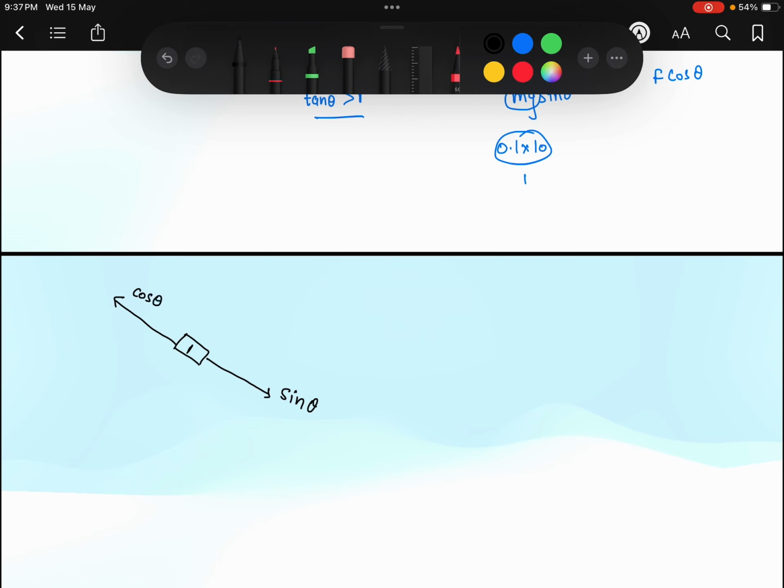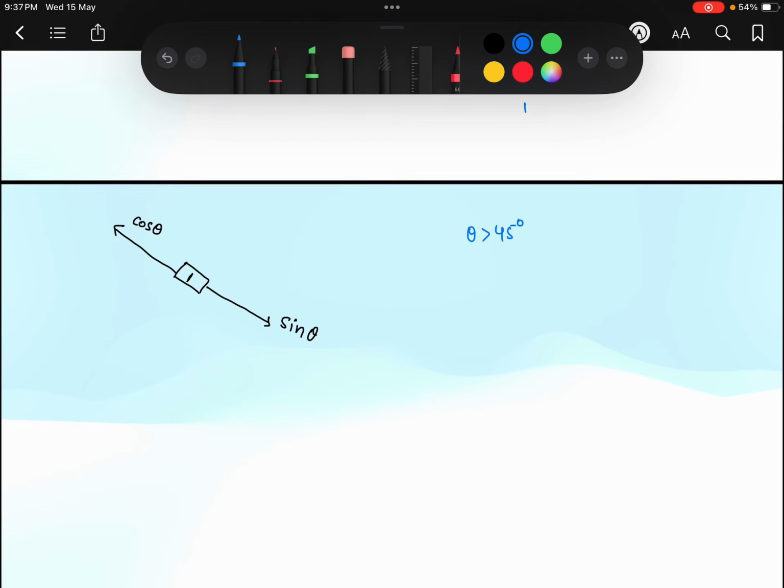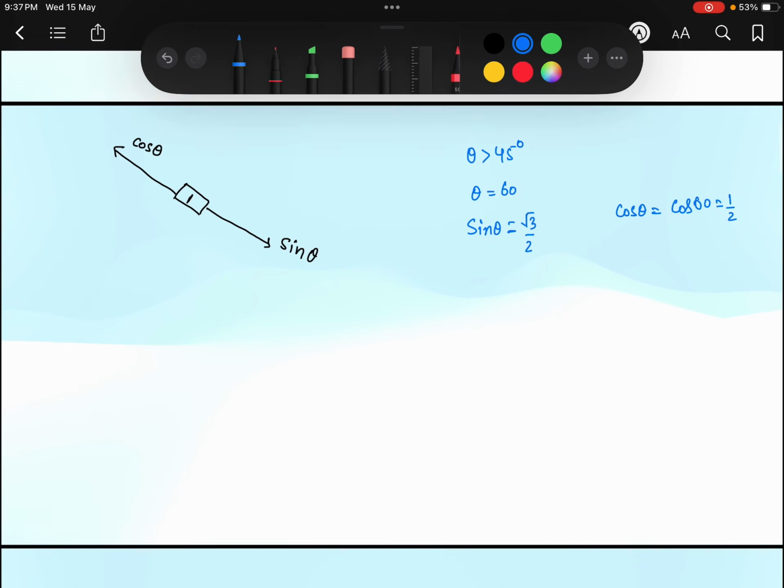Now it is given in the question that if I increase this value of theta to greater than 45 degrees, what happens? Let me suppose theta is equal to 60 degrees, then the value of sin theta will be root 3 by 2, and the value of cos 60 is 1 by 2. So here I can clearly see that sin 60 is greater than cos 60.